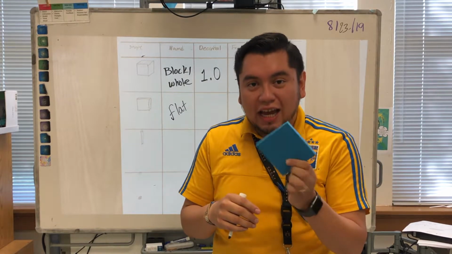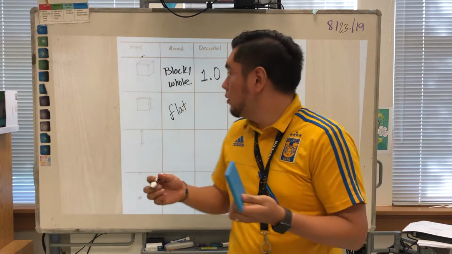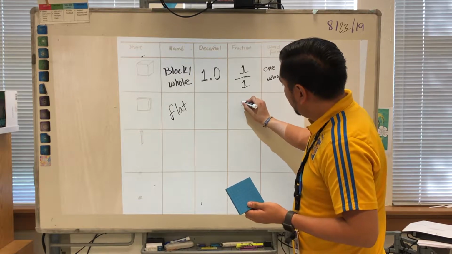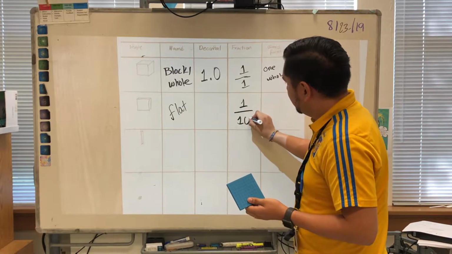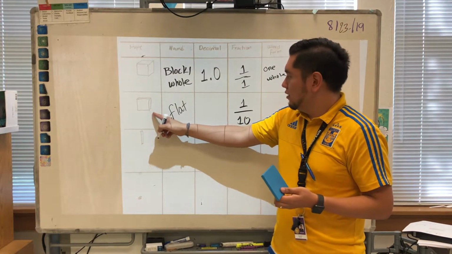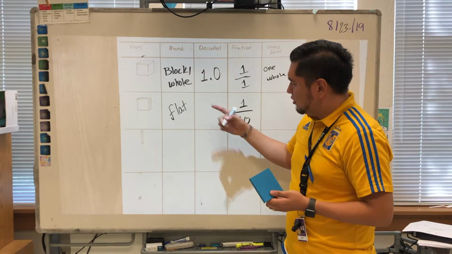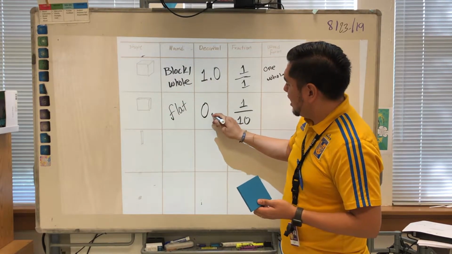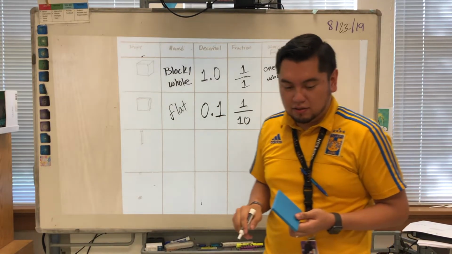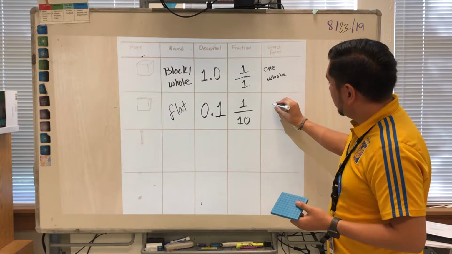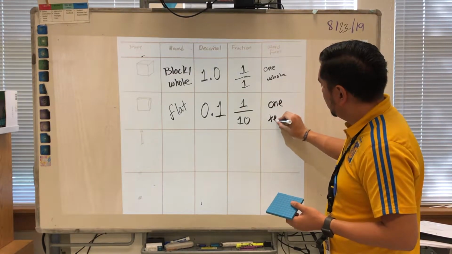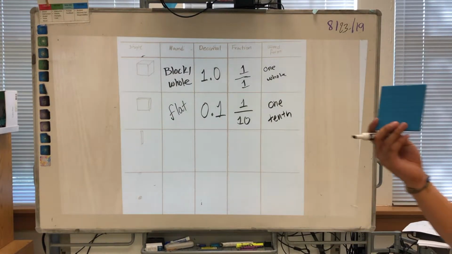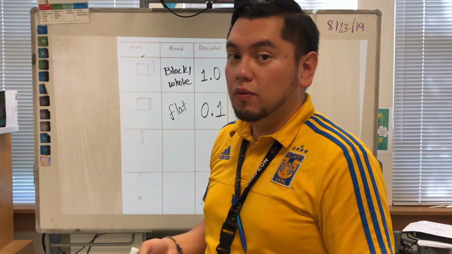I need 10 flats to make 1 whole. So the decimal, well, let's do the fractions first. This is gonna be 1 out of 10 because one of these is 1/10, but you need 10 to complete this block. And the way we write it is 0 and 1/10. And in word form, this is going to be called 1/10, because you need 10 of these to make one whole.